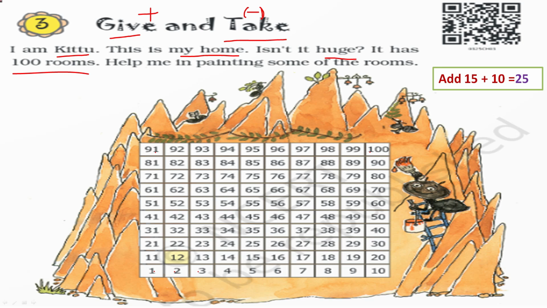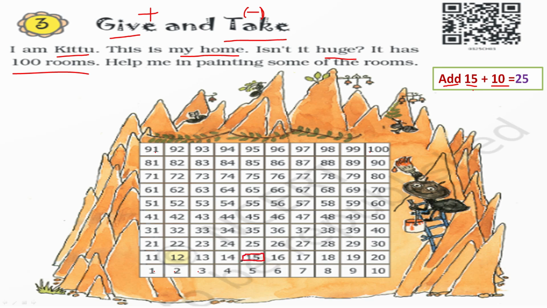Now how to add two numbers easily? Using the rooms we are going to add. For example, add 15 plus 10. How are we going to add? Using the rooms. First we go to 15. Where is 15 in the rooms? This is 15.